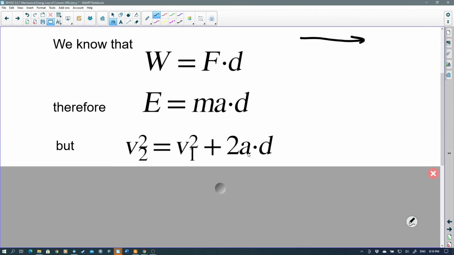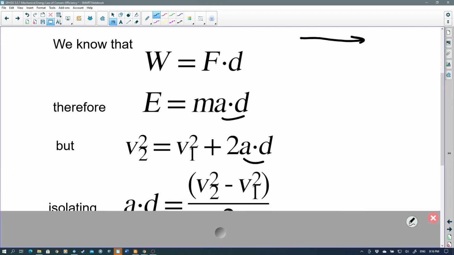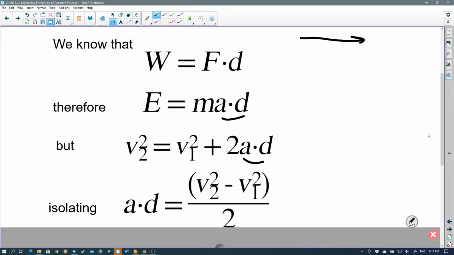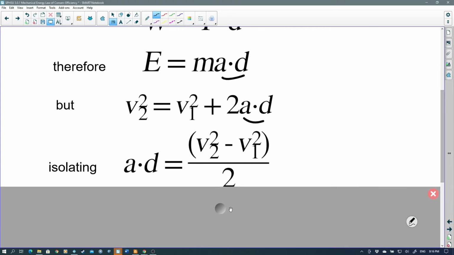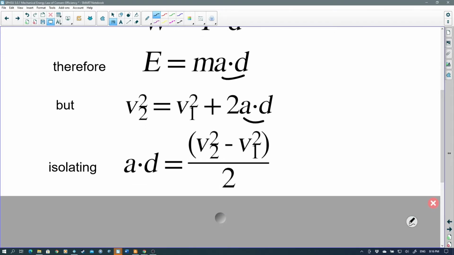We know, because we're going to velocity, that we somehow have to make velocity appear in the energy equation. Well, where else have we seen an a times d? If you look at this equation, there's an a times d in this equation. If I isolate for the a times d, I just move the v1 squared over and divide by 2, and I get this. And now I'm going to substitute that into there.